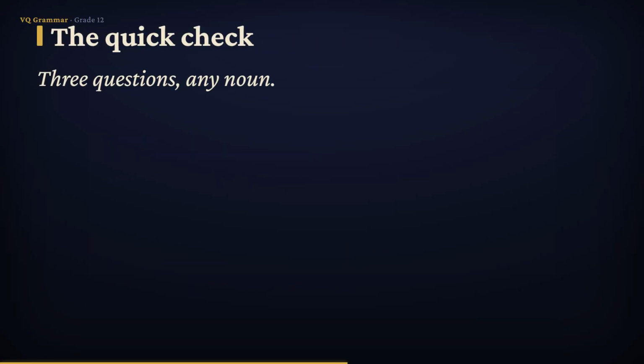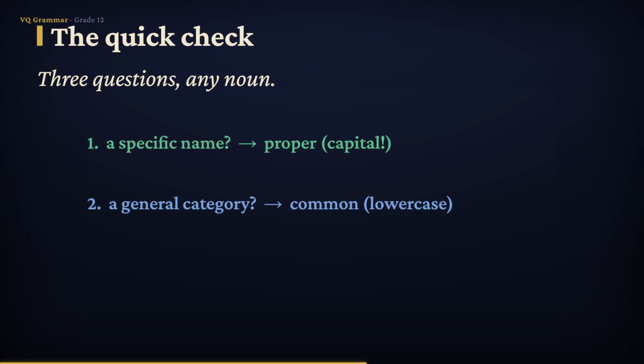Let's boil it down to a quick check you can run on any noun. One. Is it a specific name, a particular person, place, or thing? Then it's proper, and it takes a capital letter. Two. Is it a general category, any member of a group? Then it's common, and it stays lowercase.